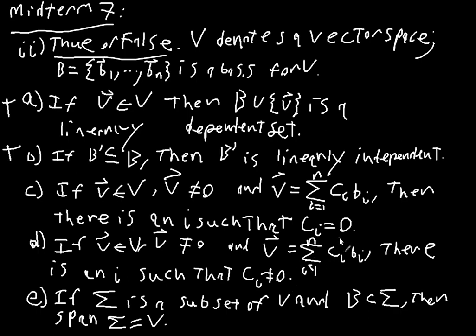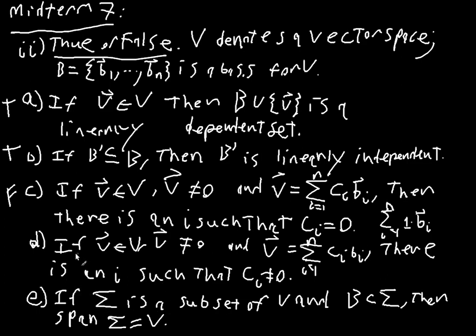For example, I could take the linear combination, the sum from i equals 1 to n of just 1 times bi. Okay? And in this guy, all my coefficients are 1. So it's not necessarily true that one of these coefficients has to be 0. So this guy is false.